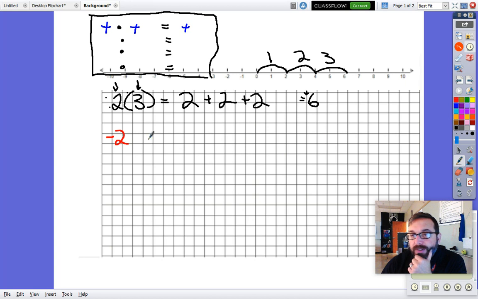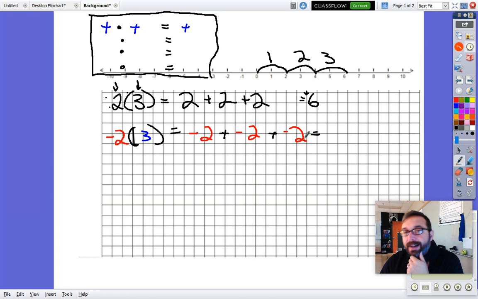Negative 2 times a positive 3 equals what? All right, well, this was 2, 3 times. So this will be negative 2, negative 2, negative 2. And I already said that this was going to be addition. So this is negative 2 plus a negative 2 plus a negative 2.